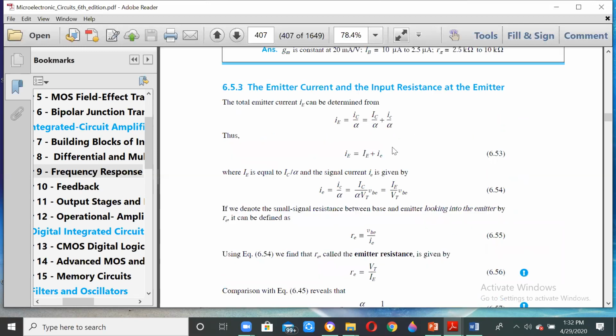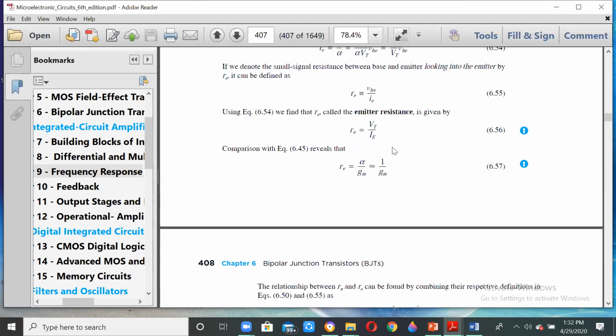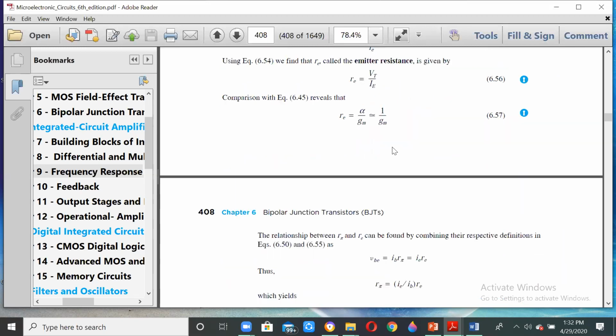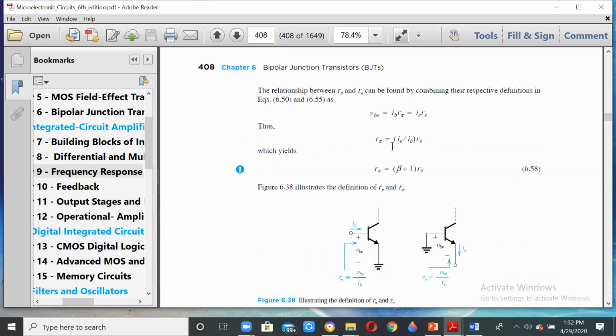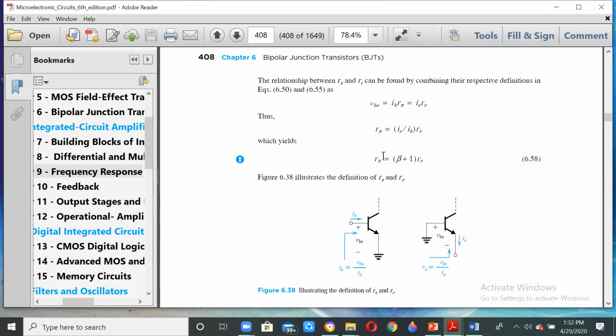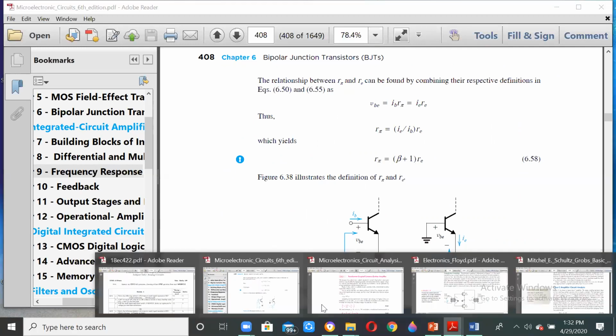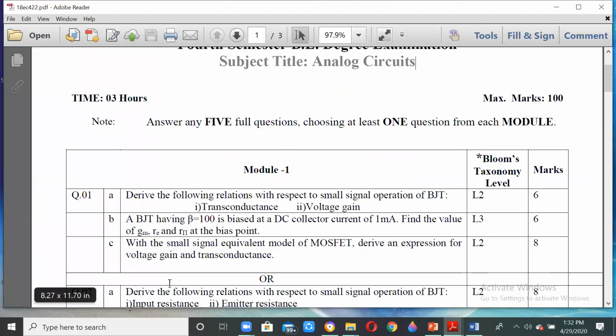And then we can try to find re, which is alpha by gm, or having known the value of r pi, you can find re. re will be r pi by beta plus 1. So re is smaller, r pi by beta plus 1. So r pi we have found as beta by gm, and we can find re from here. Okay, that is question number 1B.